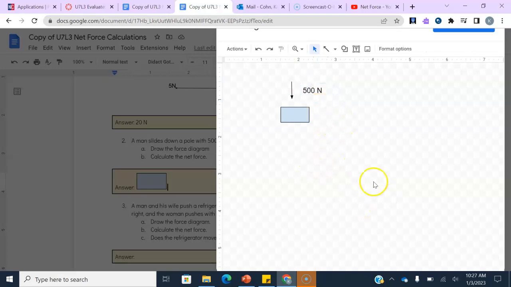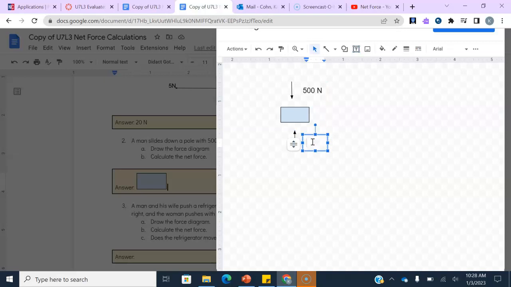And we know that the force of friction, which is opposing him on the pole, is 200 newtons. So I'm going to get another arrow. I'm going to select line or arrow, and I'm going to draw my force of friction upwards. Then, of course, I'm going to get my text box, and I'm going to type in my 200 newtons, because that's the force of friction as he comes down the pole.